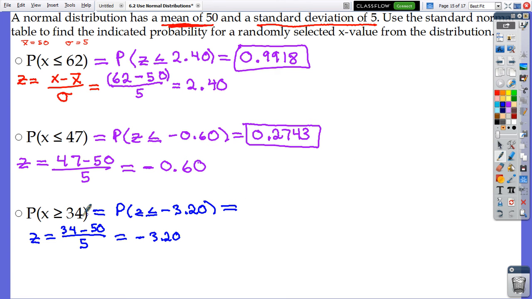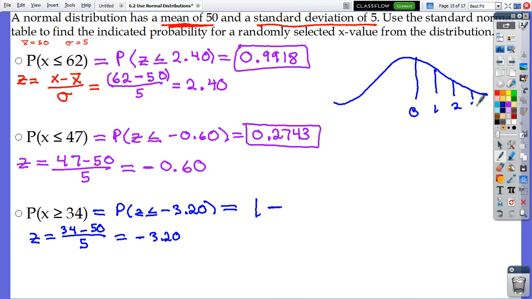Now I need to look this up in the chart. But here's the only difference. Because this is a greater than or equal to problem, instead of just using the value, I'm going to do 1 minus that value. And here's why. By changing this to a Z, I converted it to where the mean is 0 and the standard deviation is 1.